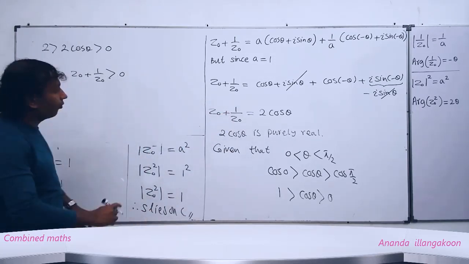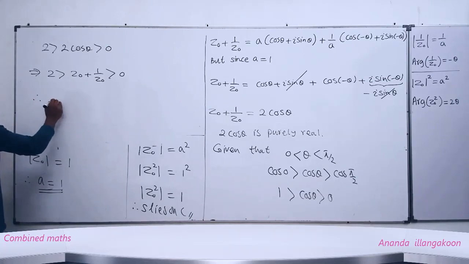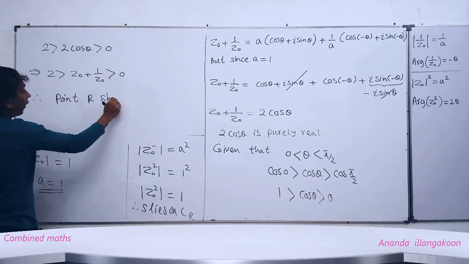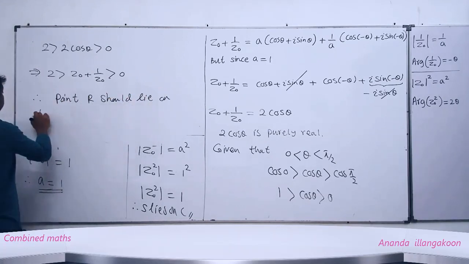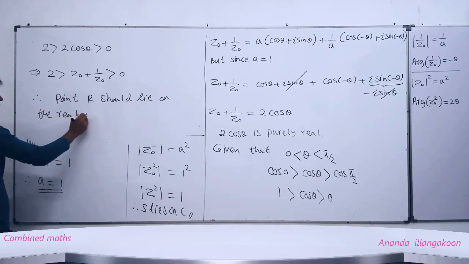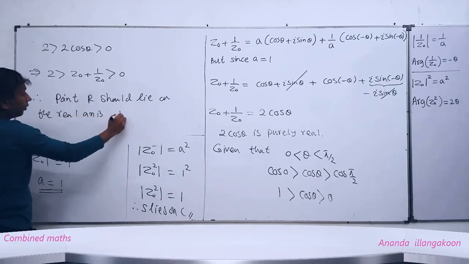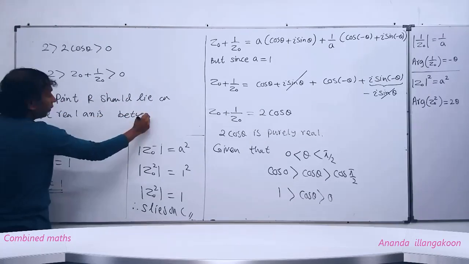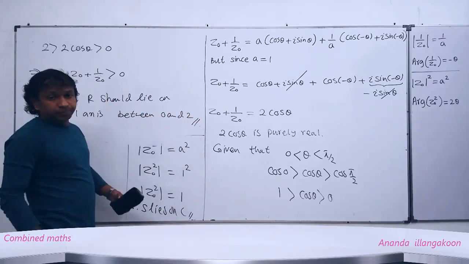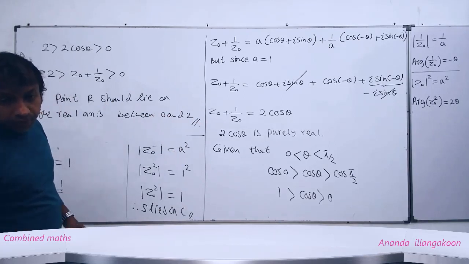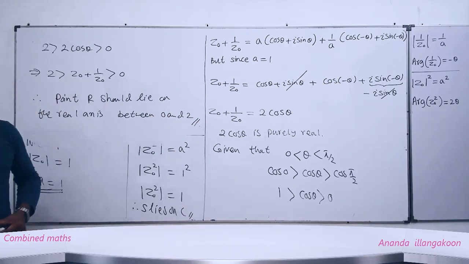Therefore, we can write that point R should lie on the real axis between 0 and 2. Correct, no? That's how we get that answer.